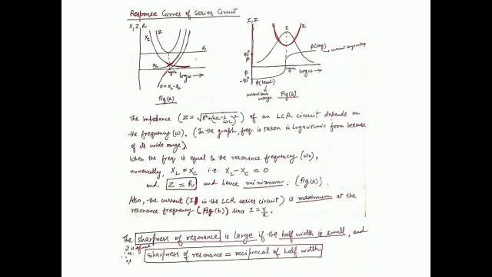Now, the sharpness of resonance is large if the half width is small, and therefore it is defined that sharpness of resonance is simply equal to the reciprocal of the half width.